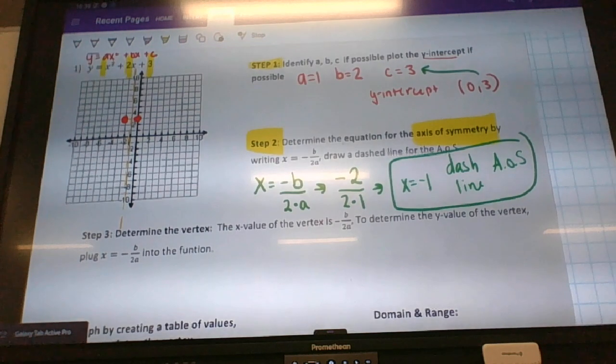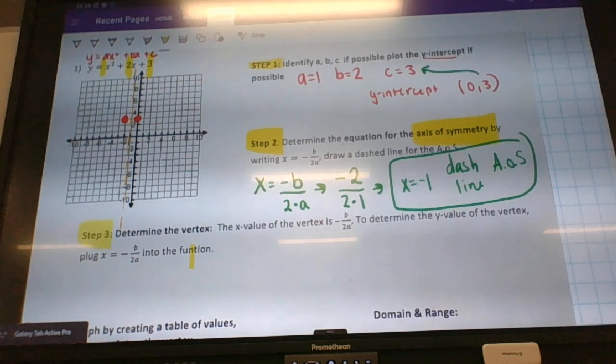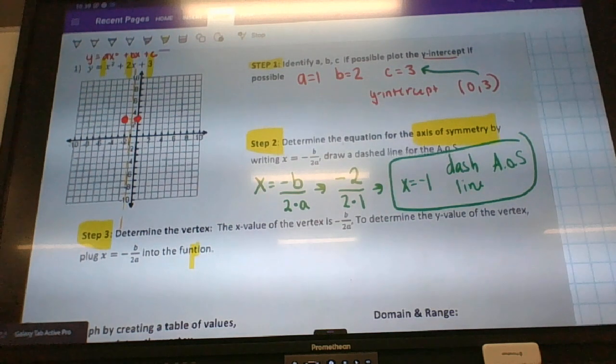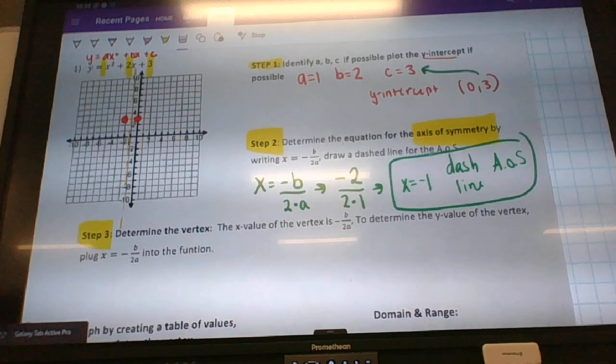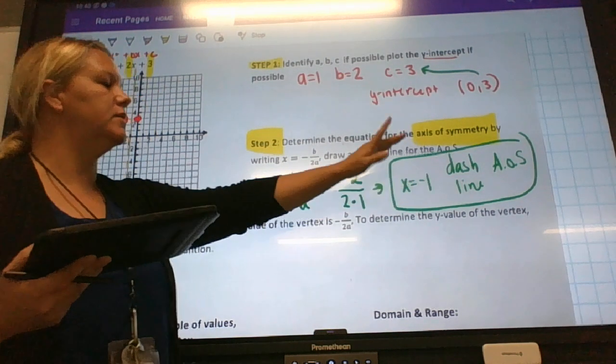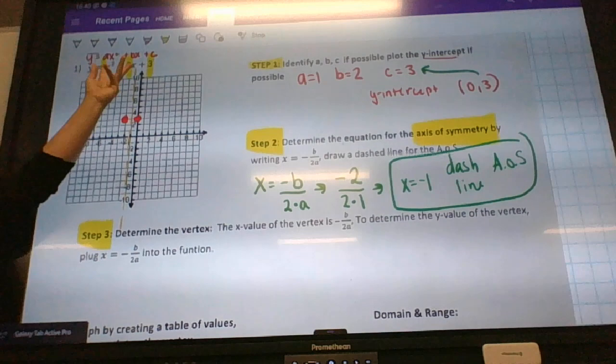All right, step 3 already. Zooming through this, determine the vertex, the center point. So to get the center point, we take this answer, this x value, and we plug it into the problem.